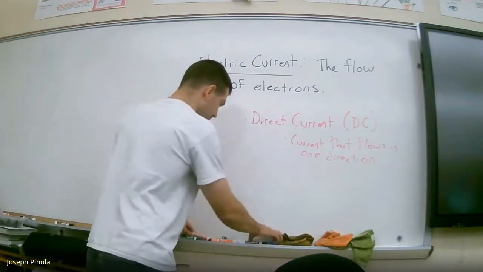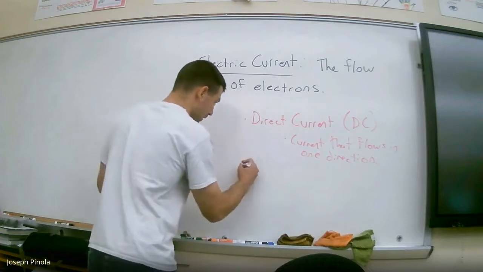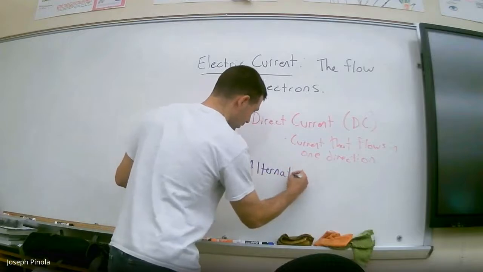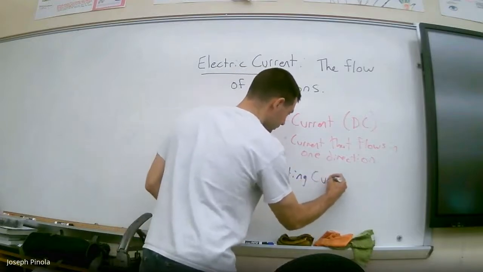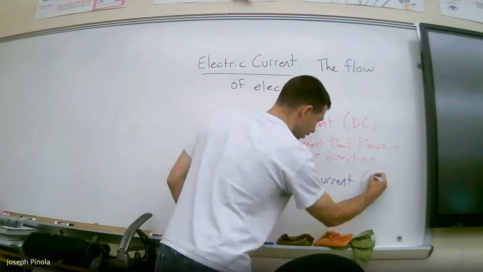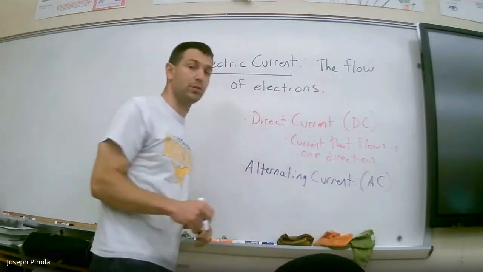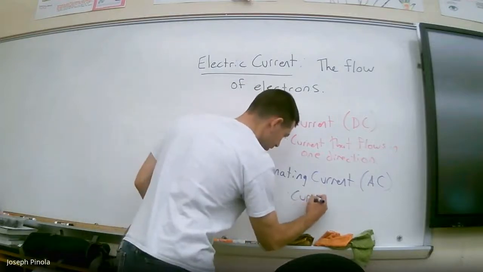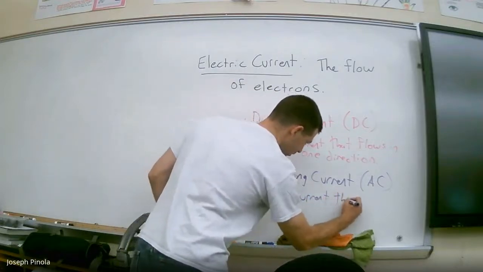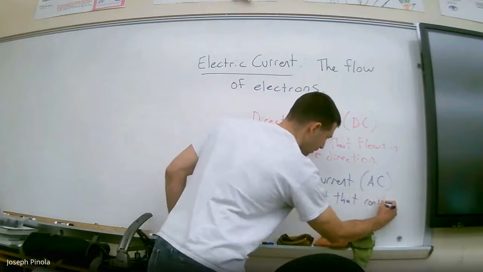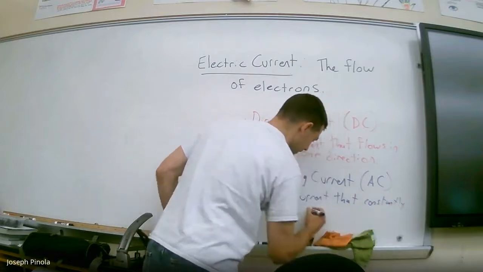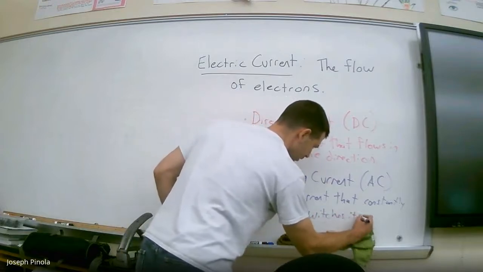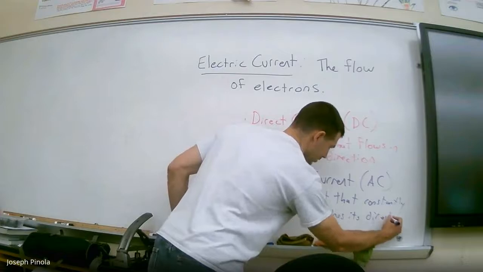Now, alternating current is something different, so let's define that as well. Alternating current, which is sometimes known as AC, is current that constantly switches its direction.